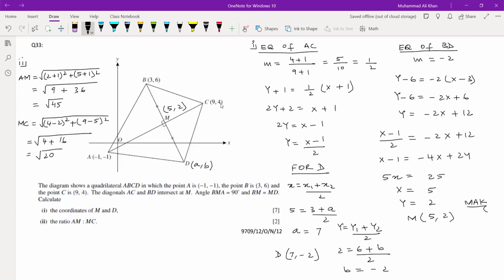Therefore, AM to MC: दोनों पर अंडर रूट है तो एक के अंडर रूट में लिख दीजिए, AM is 45 and the second value is 20. 45 divided by 20 is 9 upon 4, and therefore the answer is 3 upon 2. Therefore, the final result is 3:2. We have to write like this. Are you clear? Any confusion?